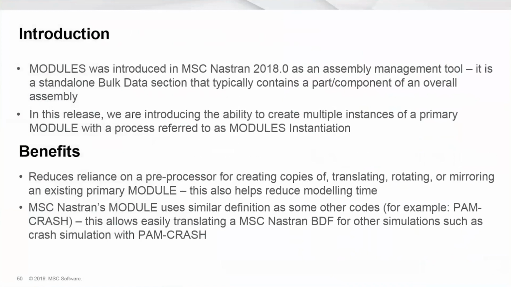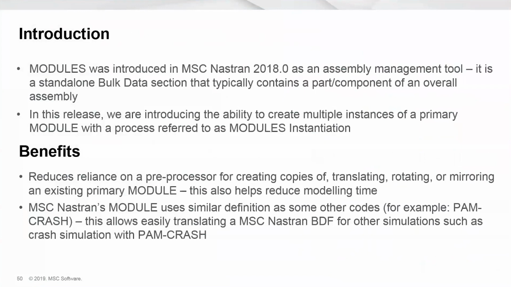In this release, we're introducing the capability of creating multiple instances of the primary module with simple keywords. So if you have a left wing, for example, in a module, and you want a right wing, which is identical but a mirror image, you can just specify a primary module and ask it to create a mirror image at a location, and it will do so.